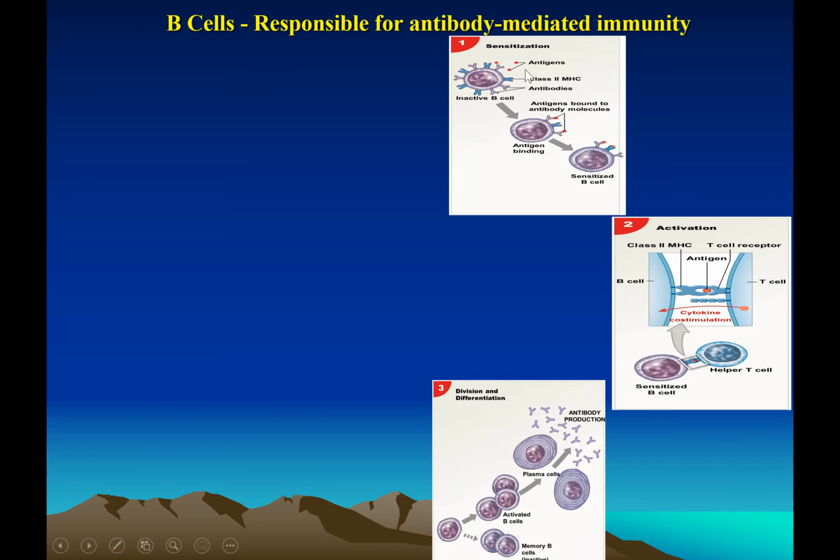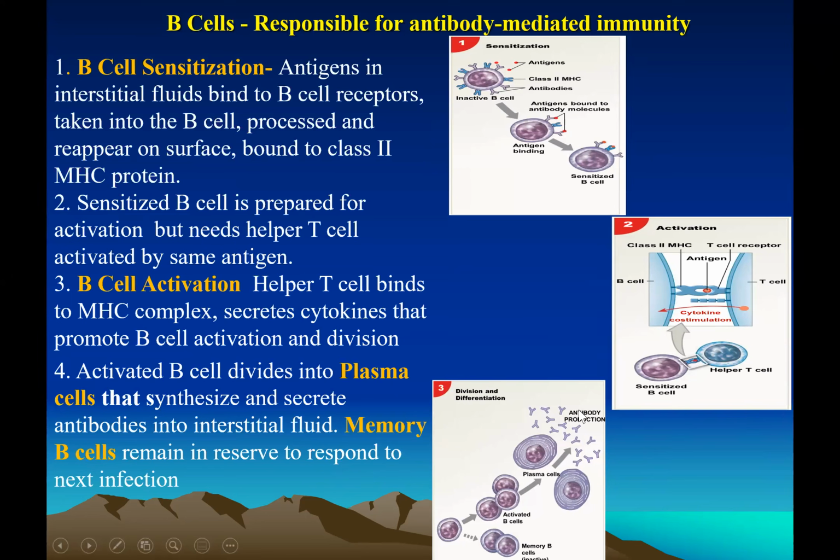When they encounter the antigen, they will get sensitized. When they get sensitized, a T cell with the same antigen will activate it. When they get activated, they will differentiate to form plasma cells that will churn out thousands and thousands of antibodies that are specific to one antigen.